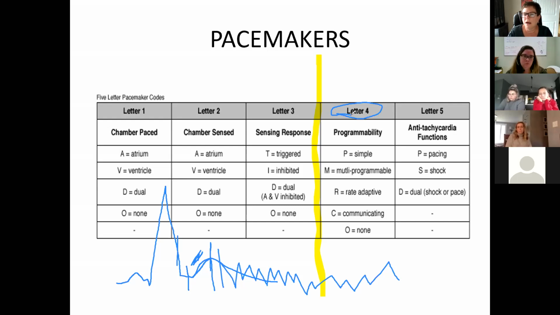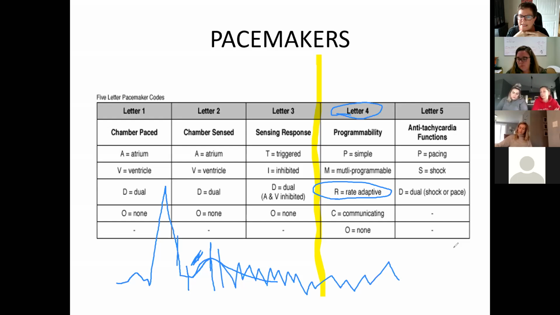What if I want my heart rate to go up some? Then I want a rate responsive or a rate adaptive pacemaker. And oftentimes, this pacing unit can give you a heart rate of 130 because it senses that you're breathing faster and that you need more cardiac output. And cardiac output is heart rate times stroke volume. So it can increase your heart rate.